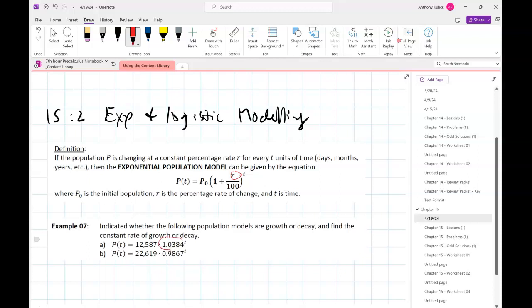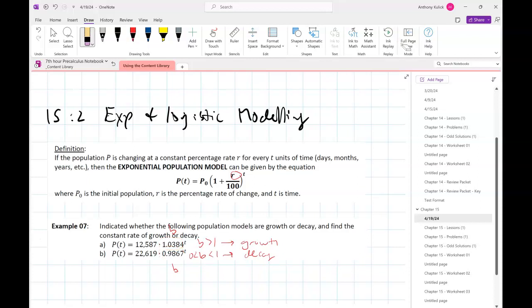I can tell whether they're growth or decay just by looking at the B value. Since for the first one B is greater than 1, I know this is growth. And for the second one, because B is between 0 and 1, I know it's decay.